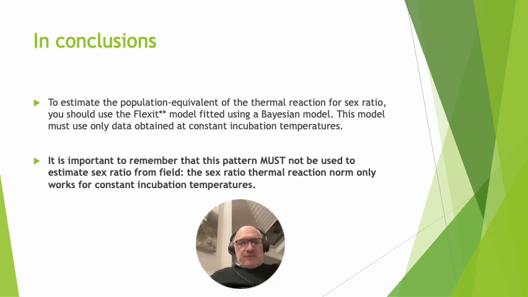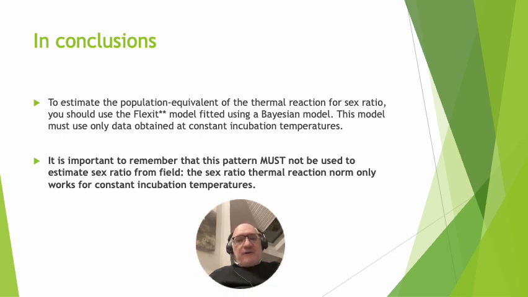In conclusion, to estimate the population equivalent of the thermal reaction norm for sex ratio, you should use the Flexit double star model fitted using Bayesian methods. This model must use only data obtained at constant incubation temperature.